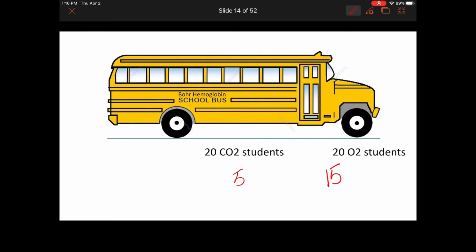Because there were more oxygen students on the bus, that prevented any other carbon dioxide students from riding on the bus. So the bus makes its way to school, drops off the students, and then the bus brings the students back home from school.